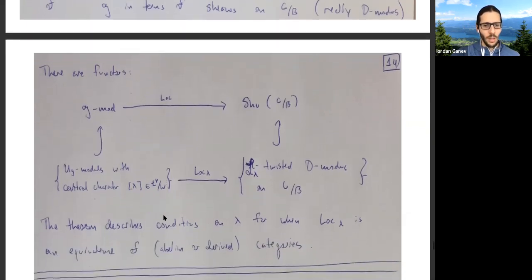And so the Beilinson-Bernstein theorem gives conditions on lambda for when this functor is an equivalence of categories. Sometimes it's an equivalence of abelian categories, other times it's an equivalence of derived categories.